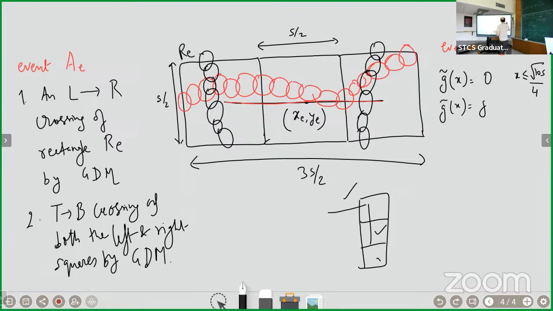This vertical crossing can happen in any of the three? No, both. One here and one here. Could be more than one, but at least one here and at least one there. And it should also touch the edge, right? No, I don't care about the edge. It's crossing this, that's all I care about. This square is being cut by a vertical path.